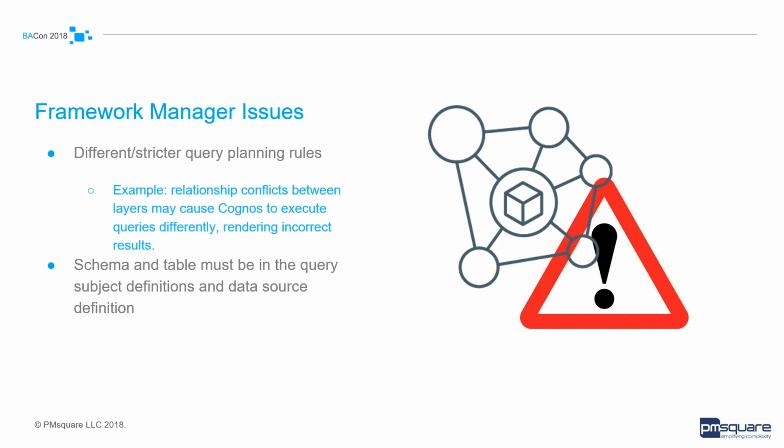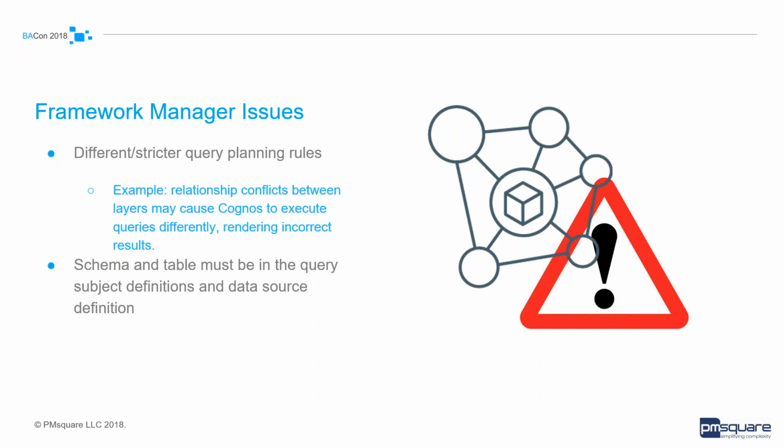Within DQM, they've really cranked down those rules so that you really need to follow best practice. Where CQM would work with what's specified, DQM will not. A good example of that is relationship conflicts between the different layers in FM.